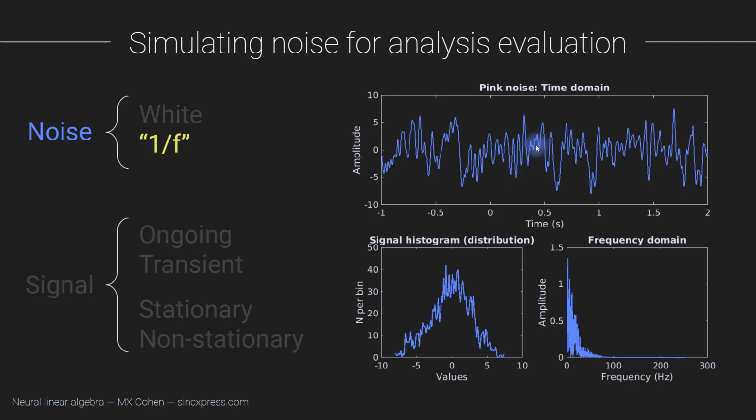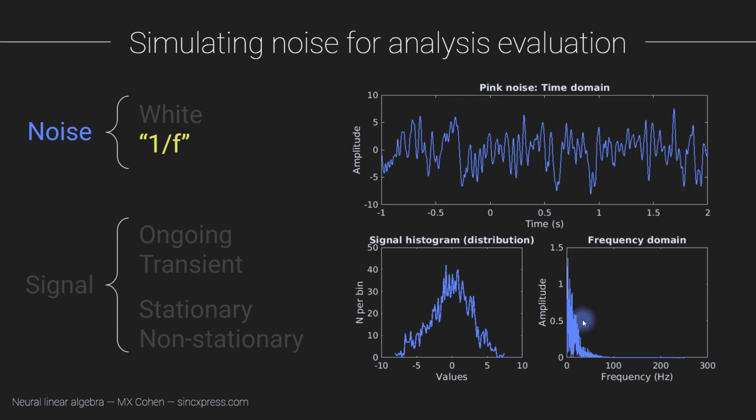But what makes pink noise special is the temporal structure, the way these random numbers are put together next to each other. In particular, they exhibit a feature in the frequency domain such that relatively low frequencies have more power and relatively higher frequencies have less power.